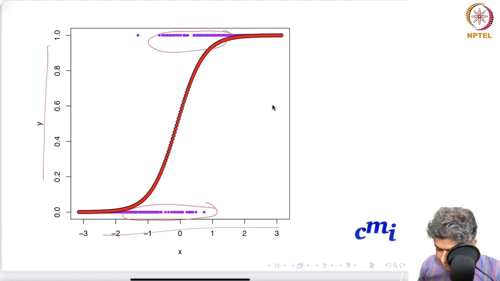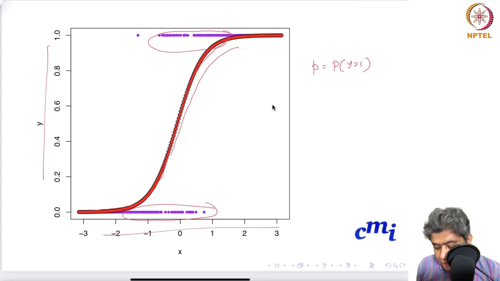And this red curve that you are seeing is your estimated P, or probability y equal to 1. You can see that this P behaves like an elongated S. That's why it's called a sigmoid curve.